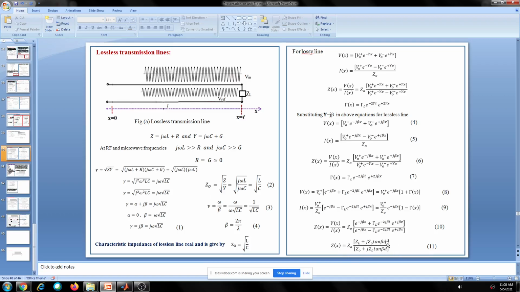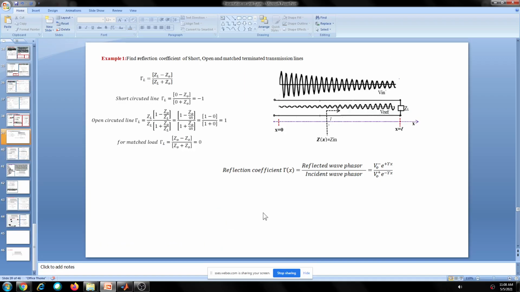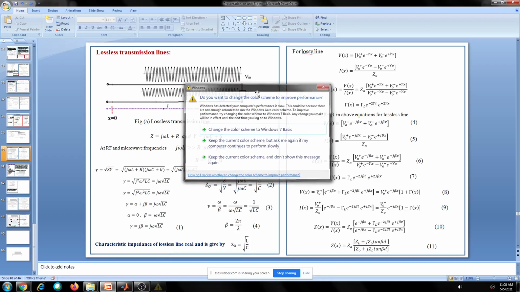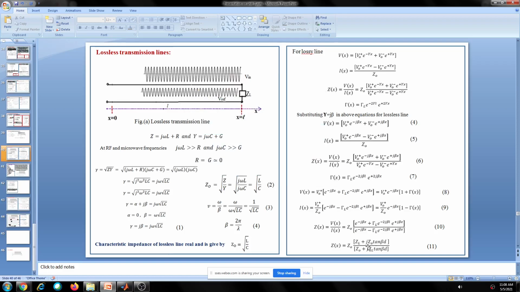So if you know the value of d, you can find the value of input impedance at that particular position. For example, at any point here, you calculate how much distance it is from the load, put that here, and use this equation, and you will get the input impedance at that position. So you can use this equation.